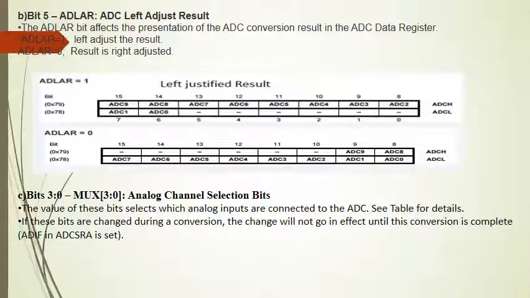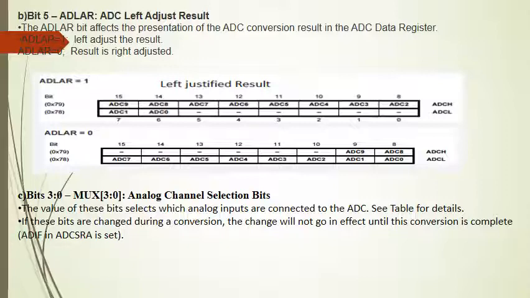The method of storing this result is of two ways: one is left adjusted result and one is right adjusted result. So the fifth bit decides in which manner the result will be stored.